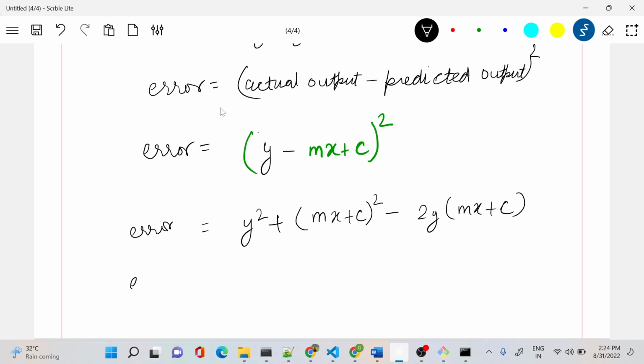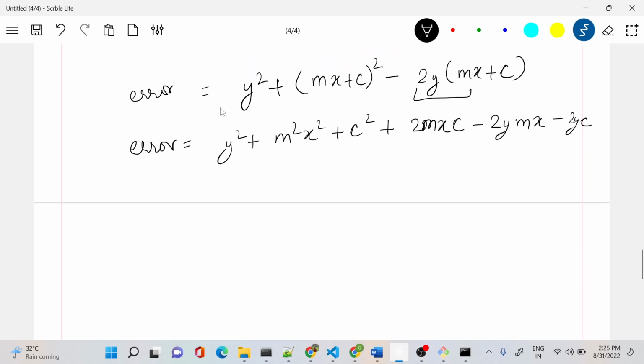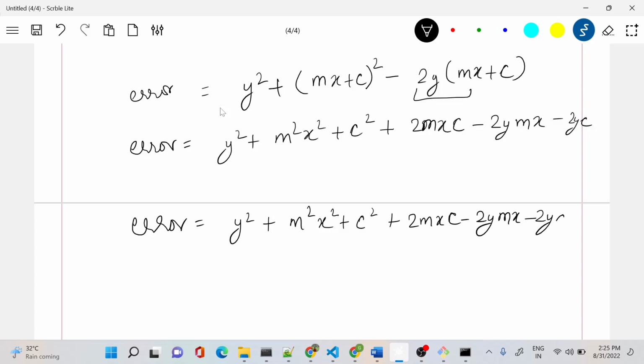Breaking it further down, error equals y square plus m square x square plus c square plus 2mxc minus 2ymx minus 2yc. So this is our error term that we have got.